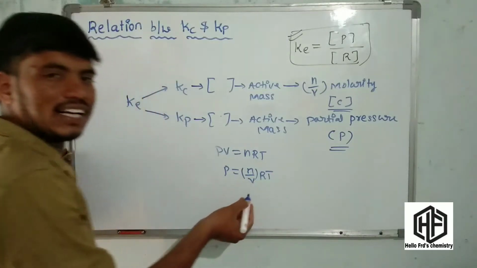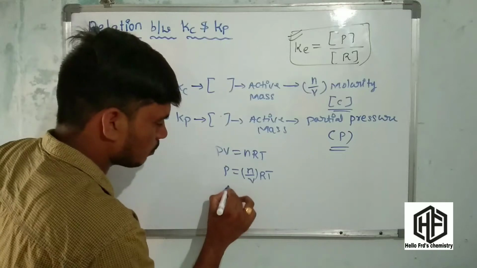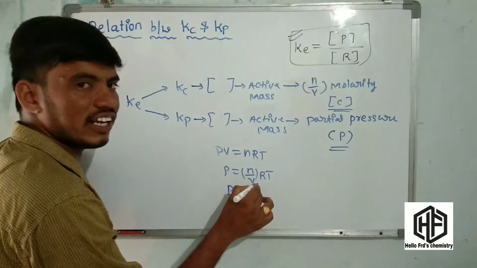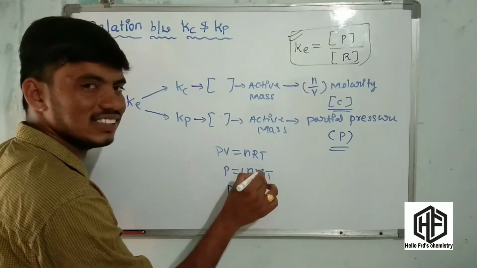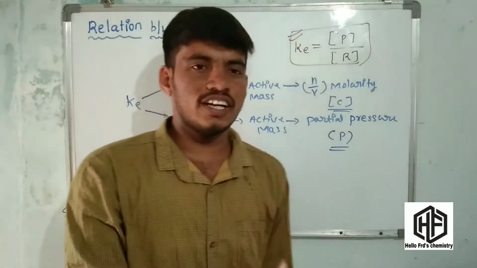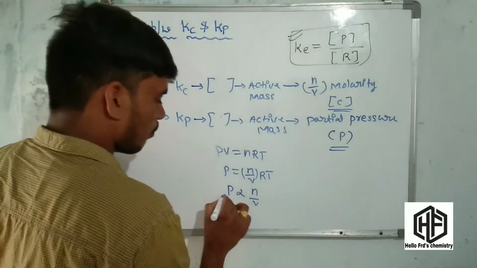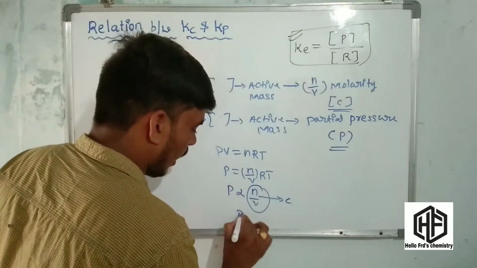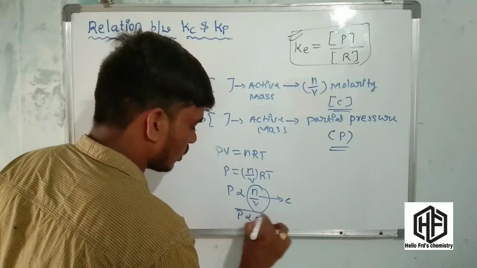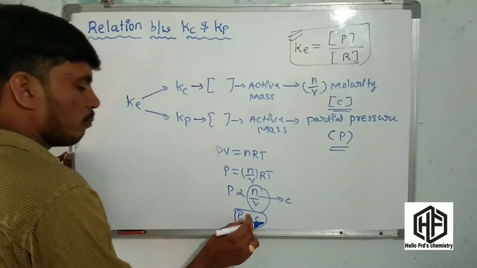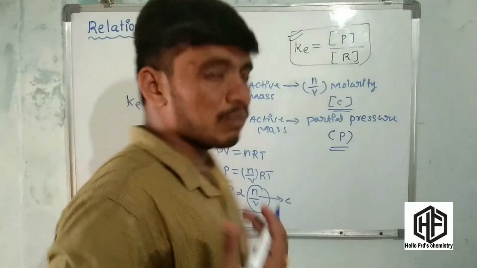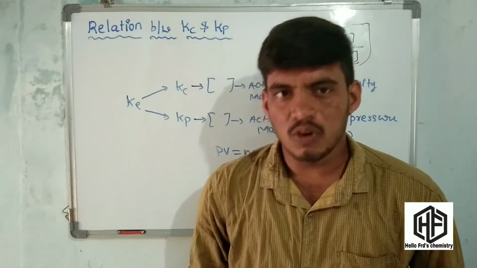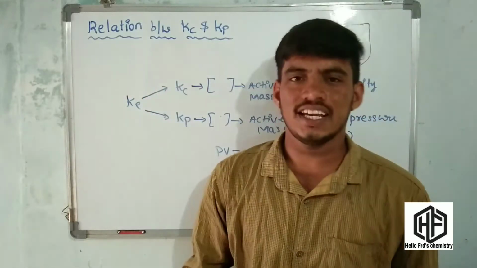P is directly proportional to n by V, because R is the gas constant, which is constant, and T is the given temperature, which is also constant. n by V is also called concentration, so P is directly proportional to C. Partial pressure is directly proportional to the concentration. This is clear, friends. Now I am going to talk about the relation between Kc and Kp.